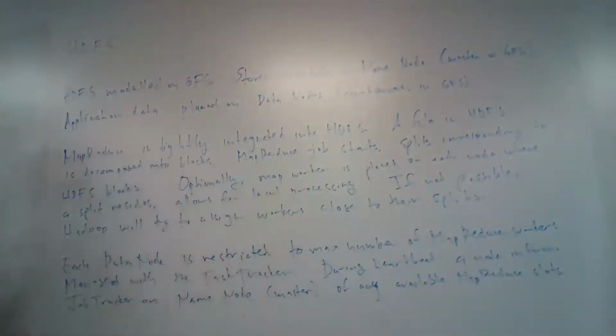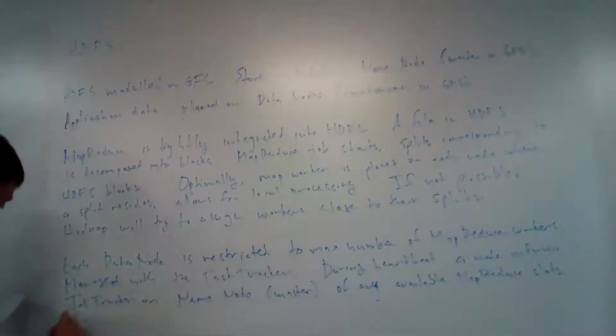So each data node tells the name node, tells the master, I have this many available MapReduce slots. And so this is the number of additional MapReduce jobs I can take, if any. Okay.